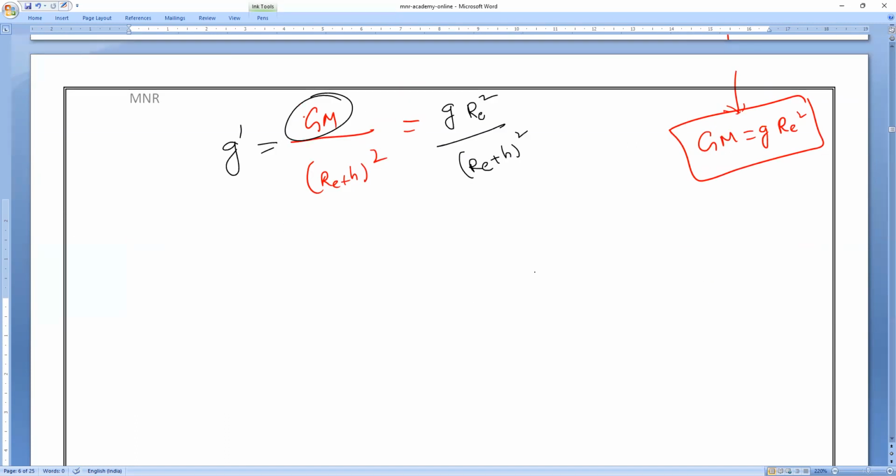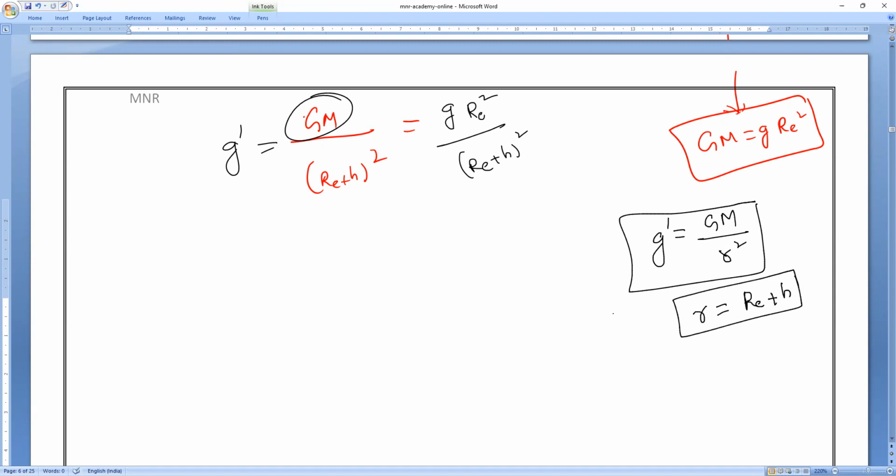This is G dash. Of course, you can learn this formula is also correct: G dash is equal to GM divided by R square. This is the standard formula above the surface, where R is equal to the radius of the earth plus the height above the ground. That is what you have to remember.